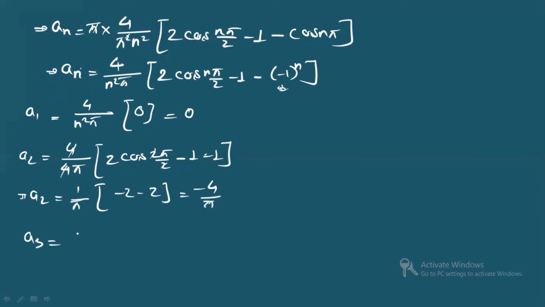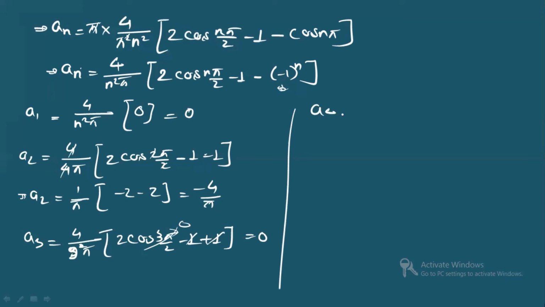Similarly, if you calculate a3, okay, you will have what? 4 by 3 square. Okay, that means what? 9 pi. You will get here 2 cos 3 pi by 2 minus 1. Here you will have what? Plus 1. So this gets cancelled. The value of this is what? 0 cos 3 pi by 2. So you will get a3 to be equals to 0.